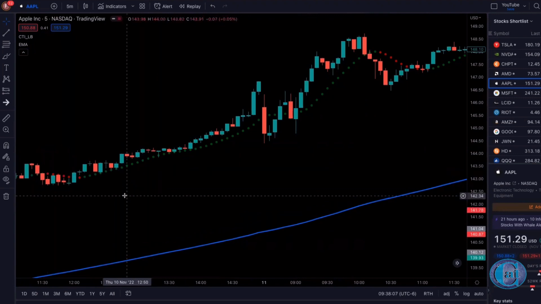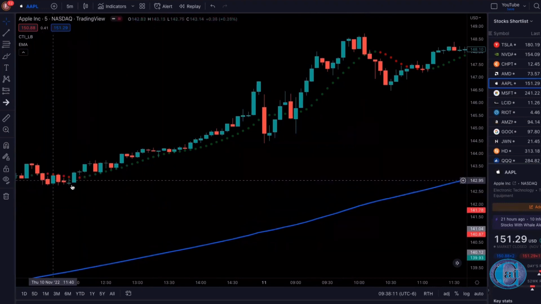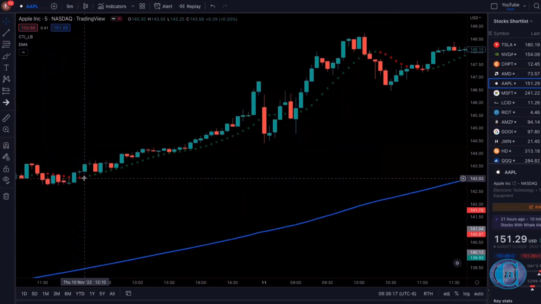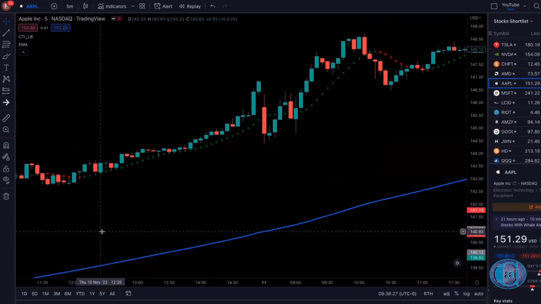Okay. All right. So with this particular strategy, you want to wait for a green dot to appear. When the green dot appears, that's going to be your trigger candle. The next candle will be your entry candle. And you want to make sure that the price action is above the 200 EMA. We're going with the trend. We're not going to go against the trend.